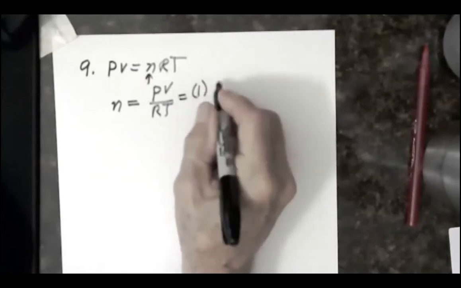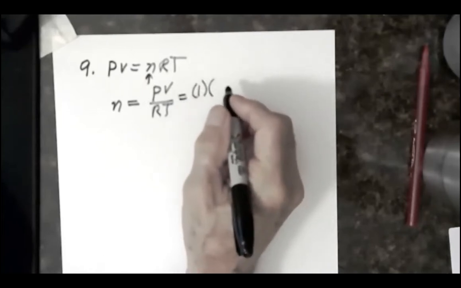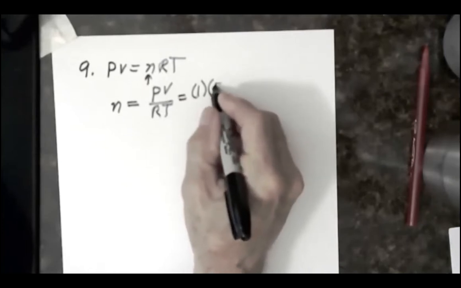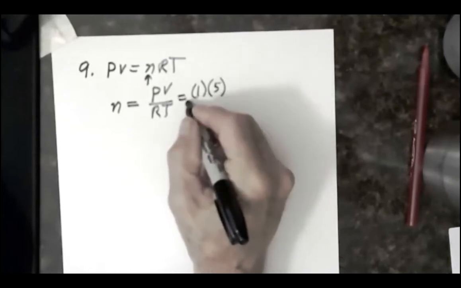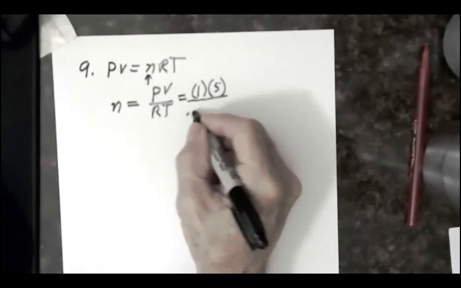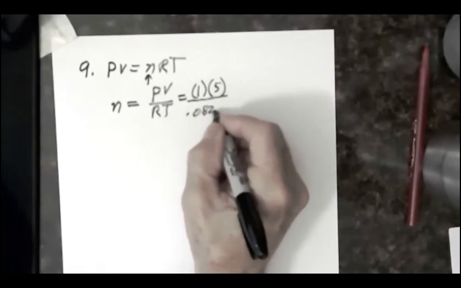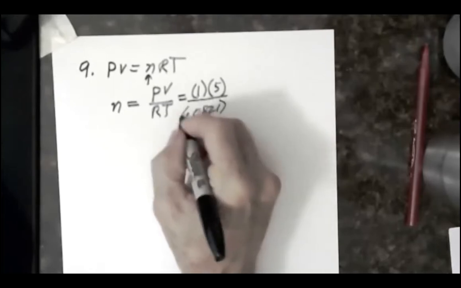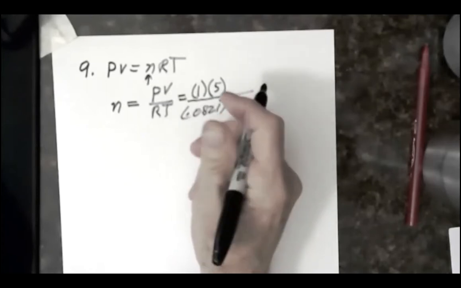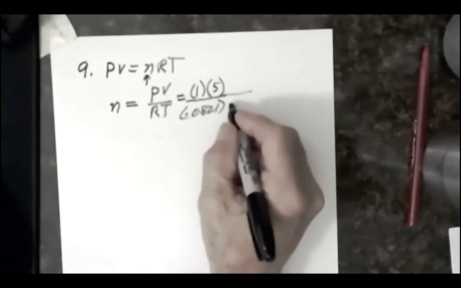That's a good number. The volume that we have is 5 liters. That's a good number too. R is 0.0821 liter atmospheres per mole per Kelvin. Temperature in kelvins is 298 also.